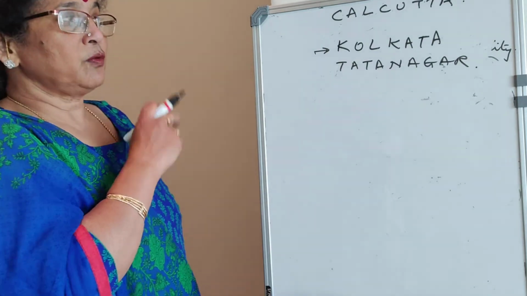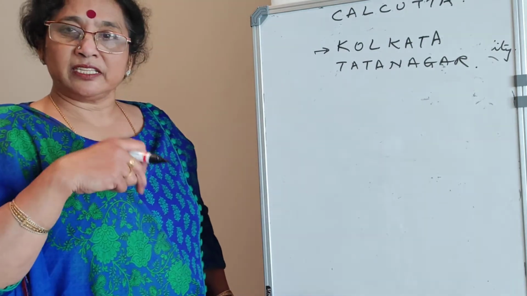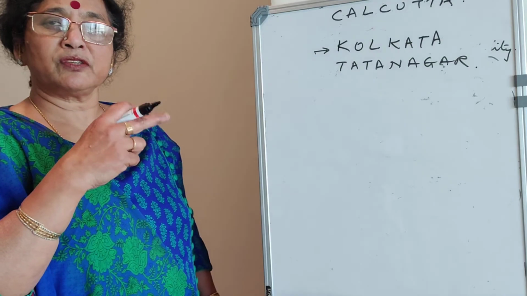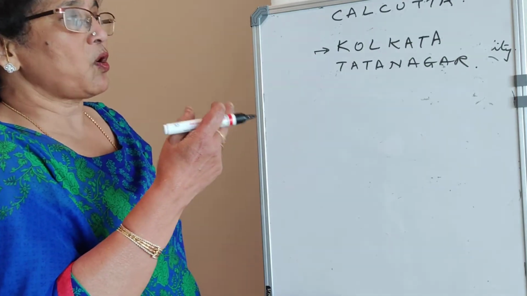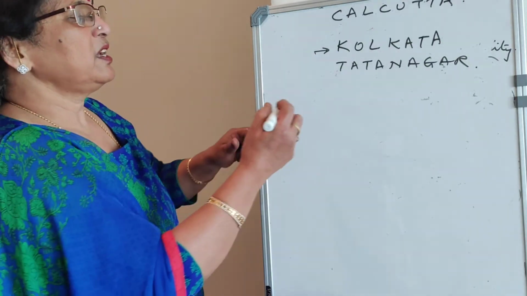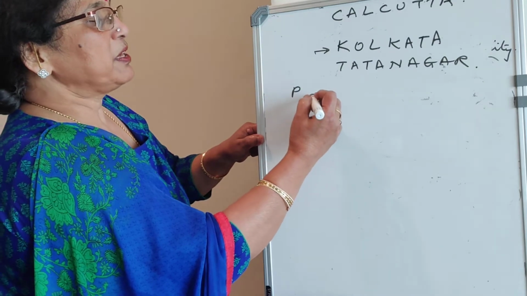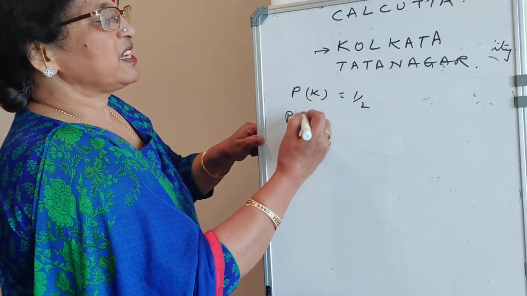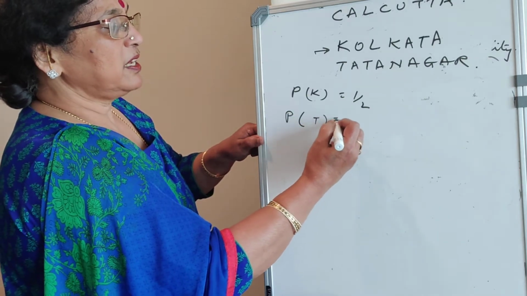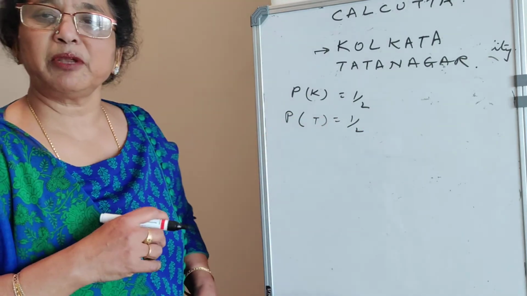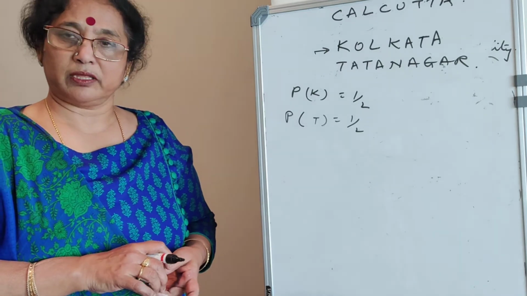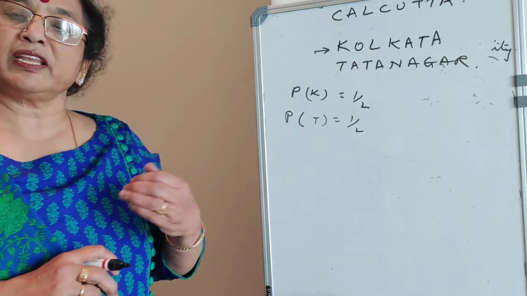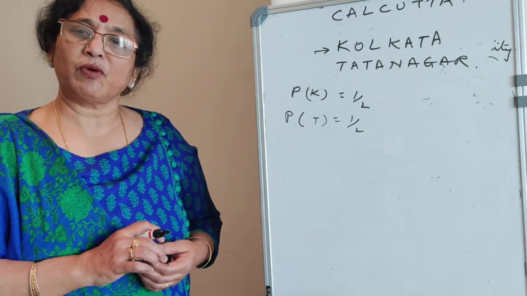So what are the chances of the letter coming from Kolkata or from Tata Nagar? The chance of coming from Kolkata is half. The chance of the letter coming from Tata Nagar is half. T for Tata Nagar I'm writing, K for Kolkata. So the chance of the letter coming to me is 1 out of 2.